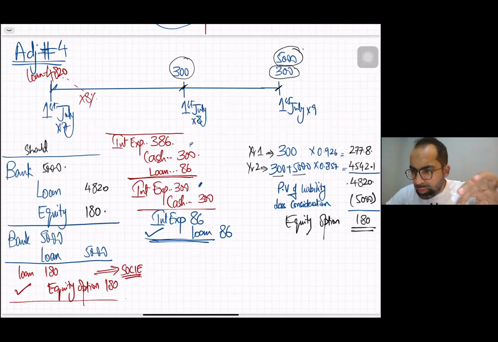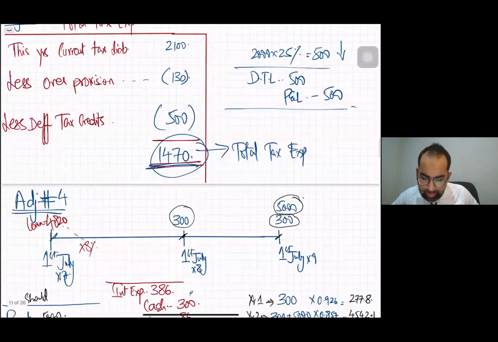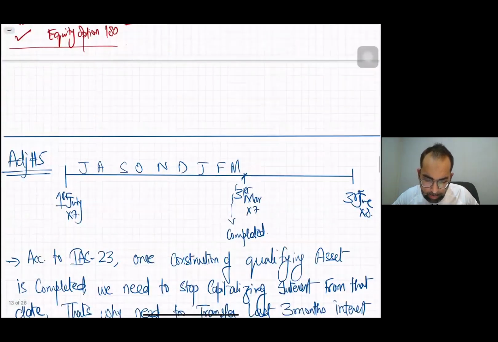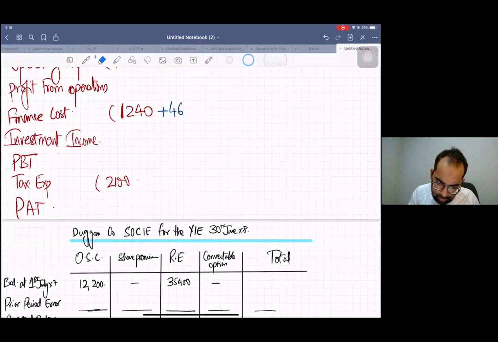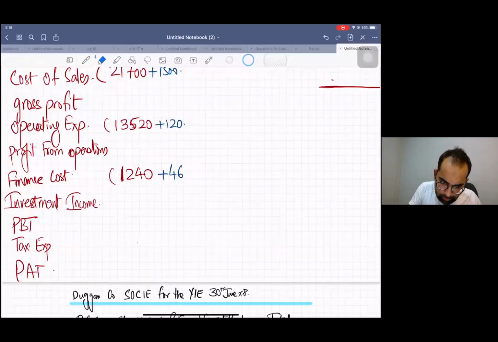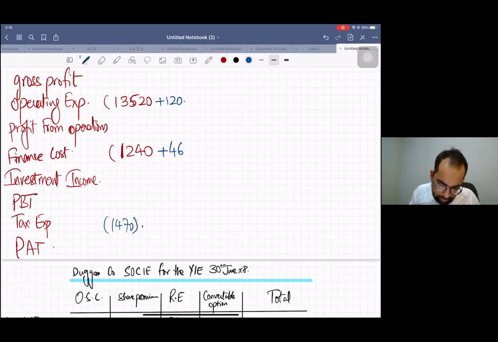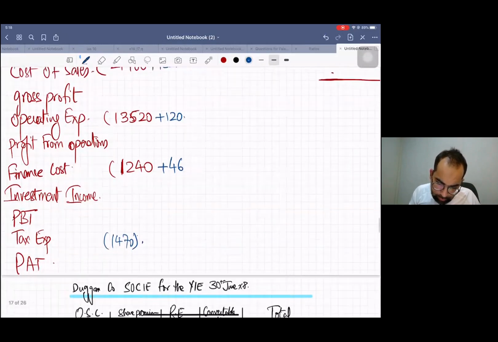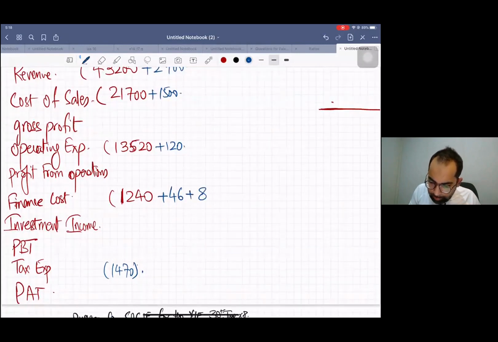Let me post the last two, adjustments 3 and 4. Adjustment number 3 is 1470 tax, and this is 86 interest expense. Okay, let's post. Tax expense is 1470, and you need to adjust interest expense of 86.